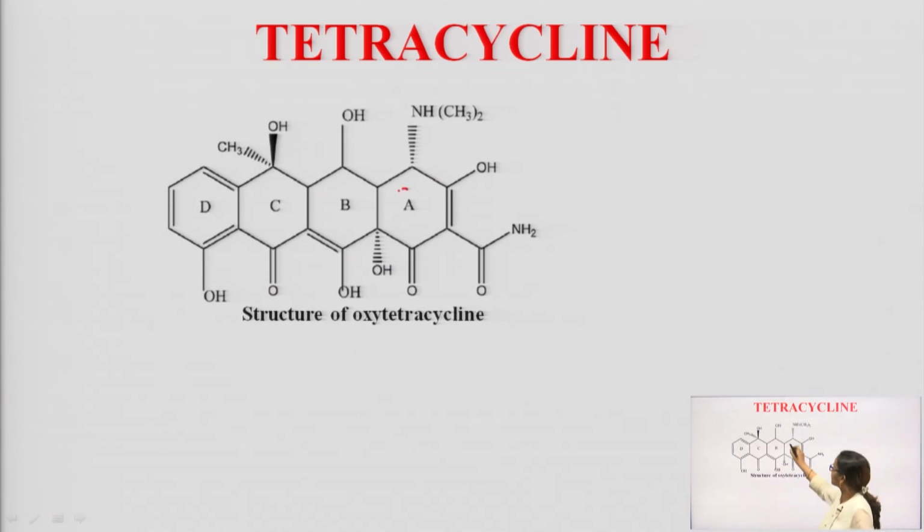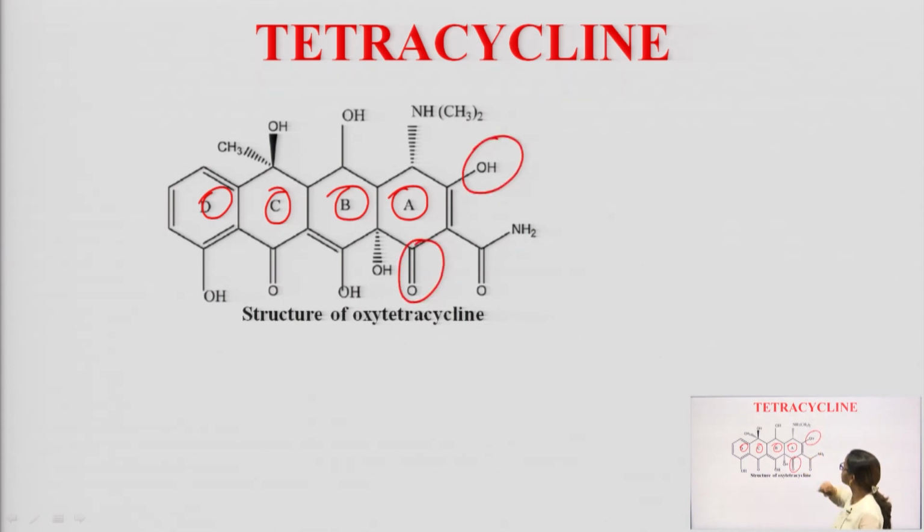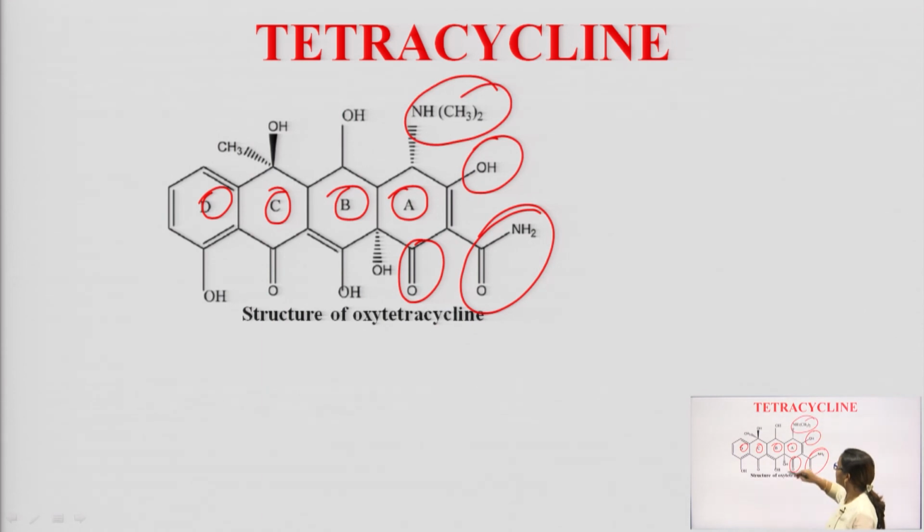Again, four rings A, B, C, D. Again and again I am telling you: alternate keto enol system, CONH2, N(CH3)2, alternate OH, O, OH. These are the important moieties, and where modification has been done, one OH group is attached, and one methyl and one hydroxy group are attached. So, this is the structure of oxytetracycline.